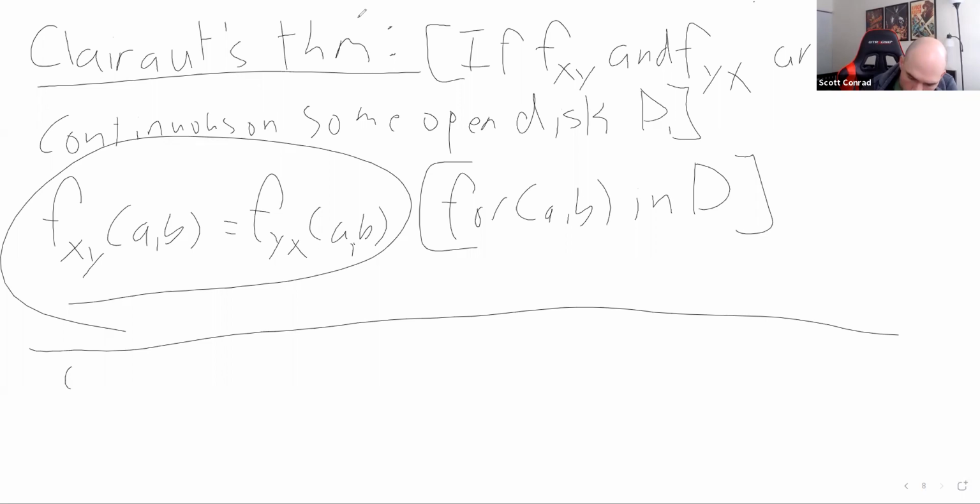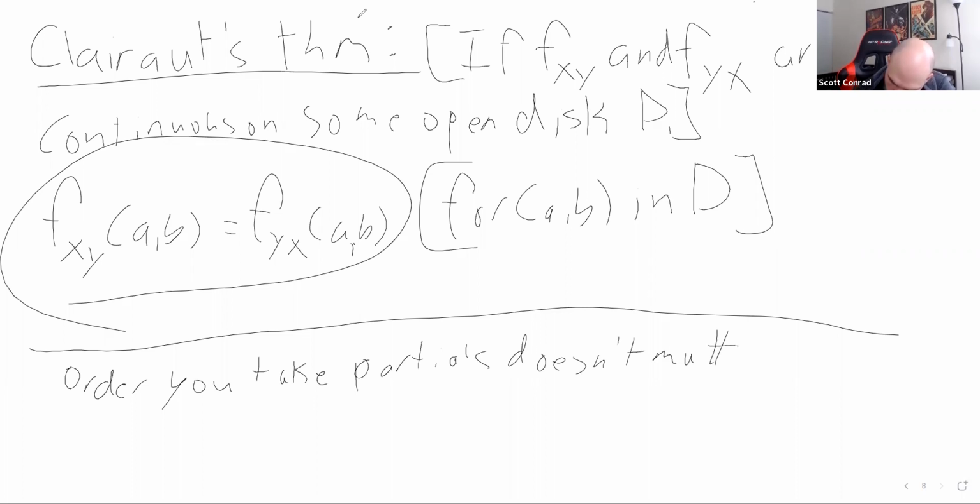So what this means is the order you take partials doesn't matter, even if you're taking even higher order derivatives, right?